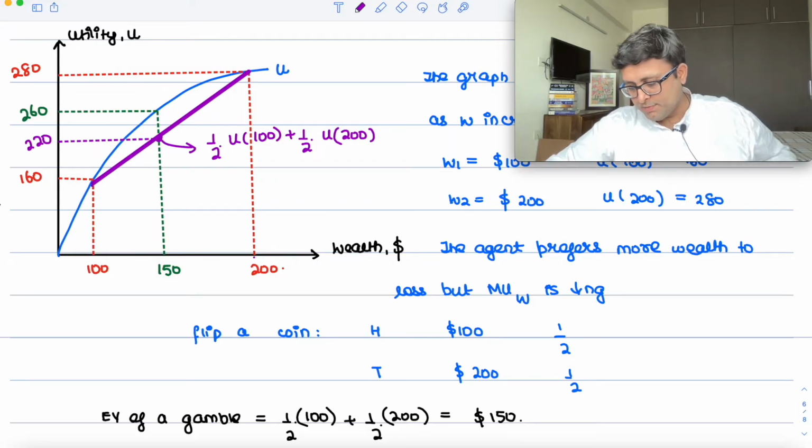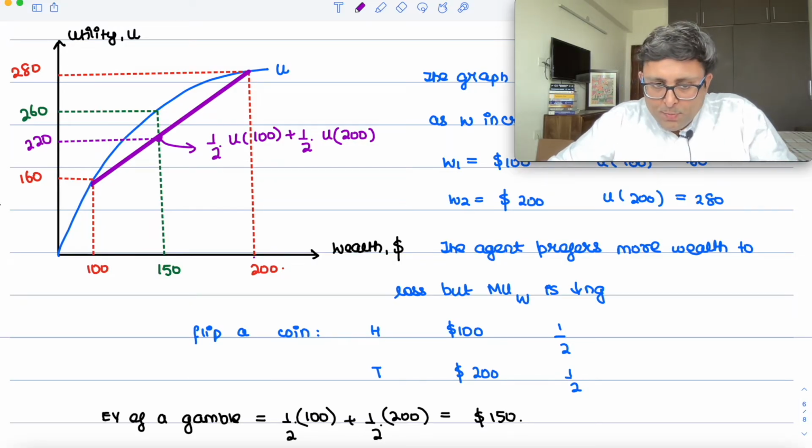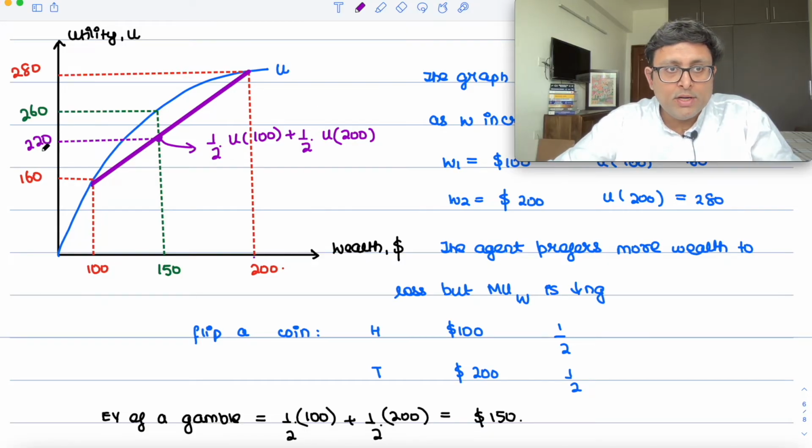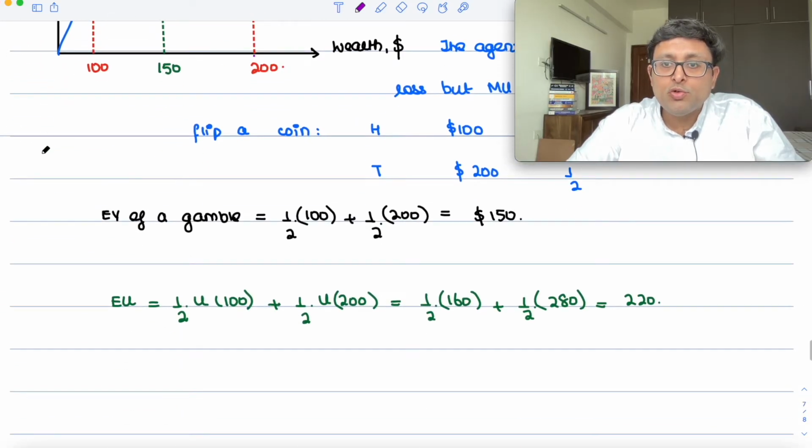So if you play this risky gamble, this utility which you are getting, this 220, is the utility which you get from playing this risky gamble.